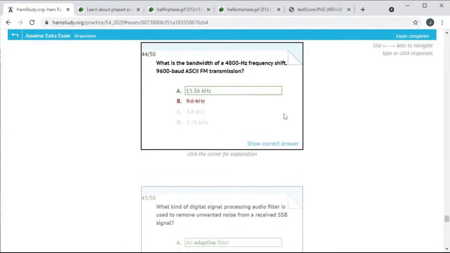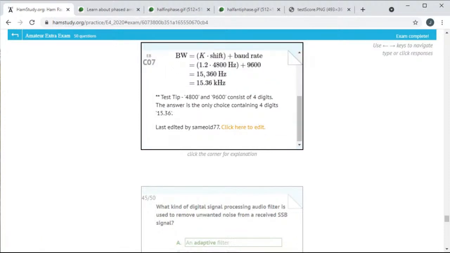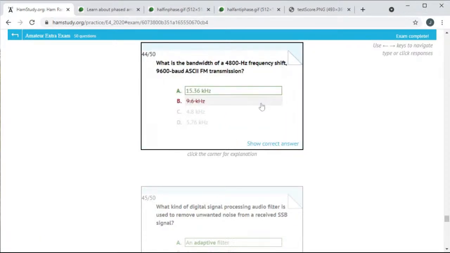They have some thing of, okay, they're both 4 digits and the answer has 4 digits. My way of thinking is just remember both of the 448 and the 96 interact.